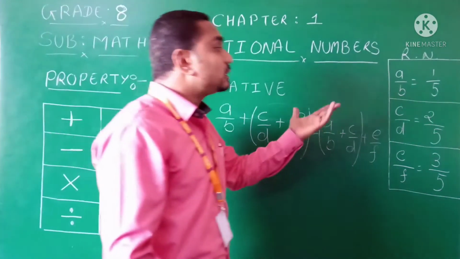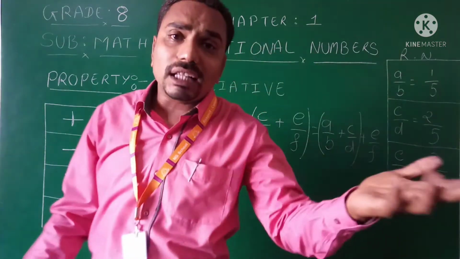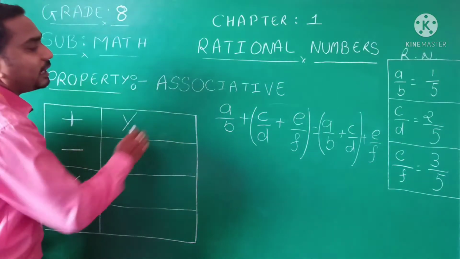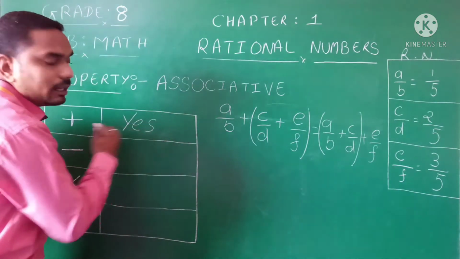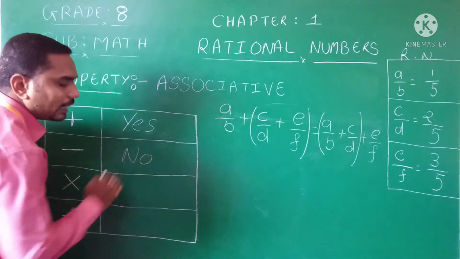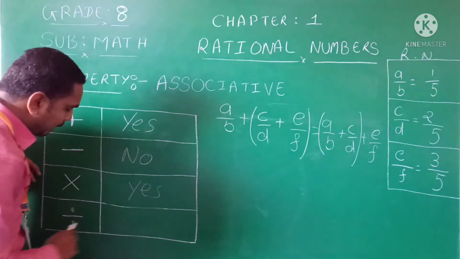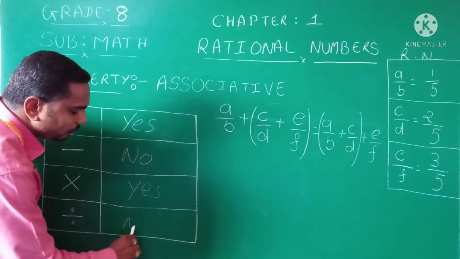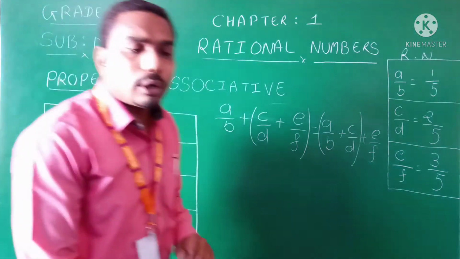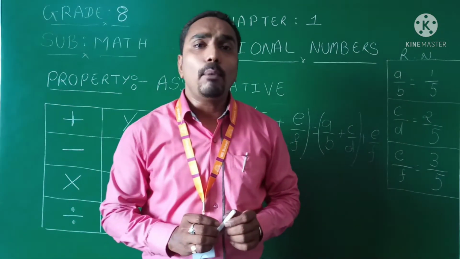You can verify such things from the given rational numbers, or else you can take other rational numbers as well. So for addition, the associativity property will be applicable. For subtraction, it will not be applicable. For multiplication, it will be applicable, and for division, it will not be applicable. So guys, let me give you a small idea about it.